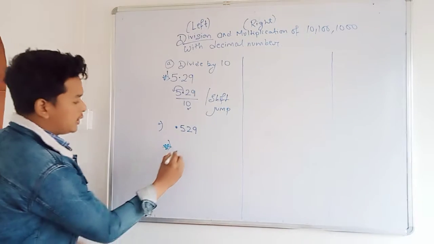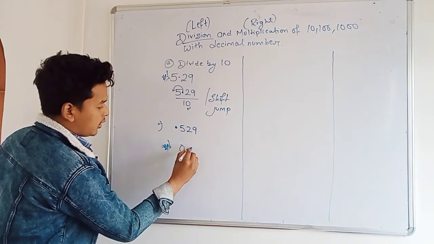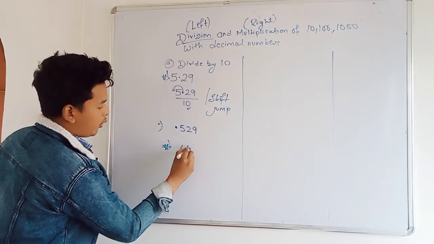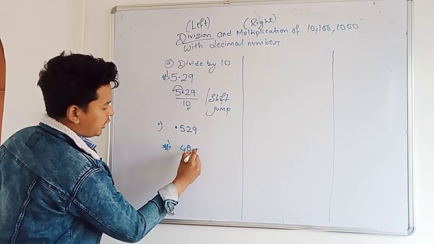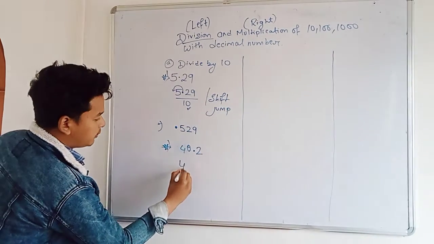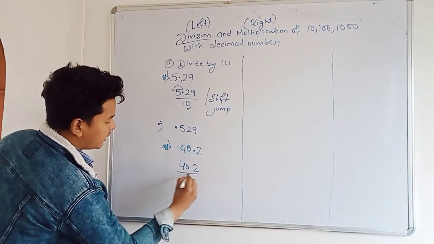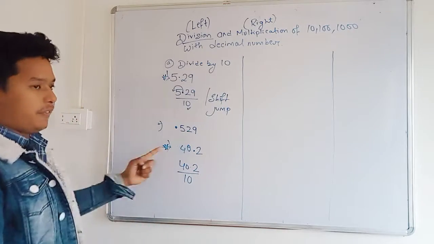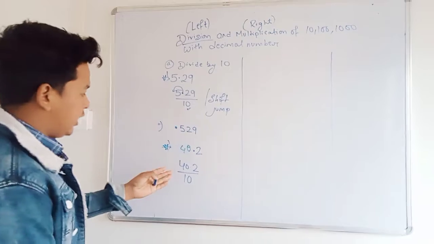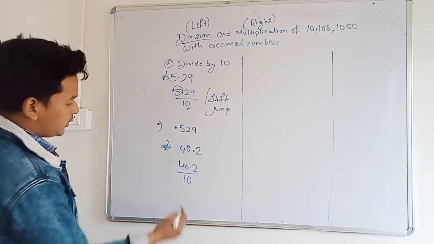So next, any number, write like this. 40.2. Now 40.2 divided by 10. Now you may think the answer.